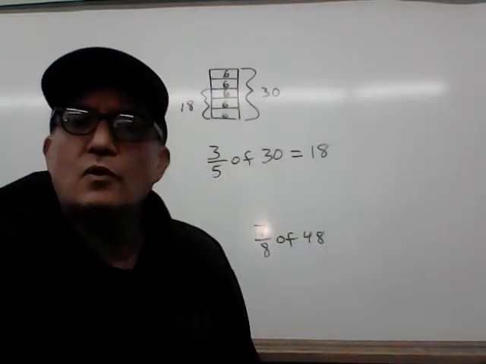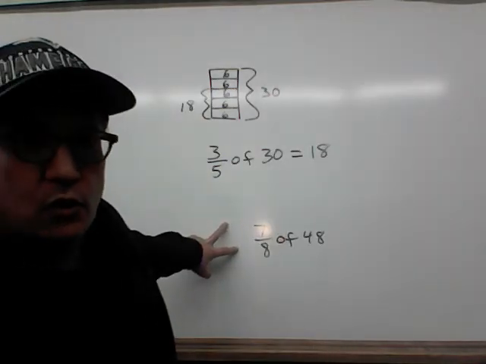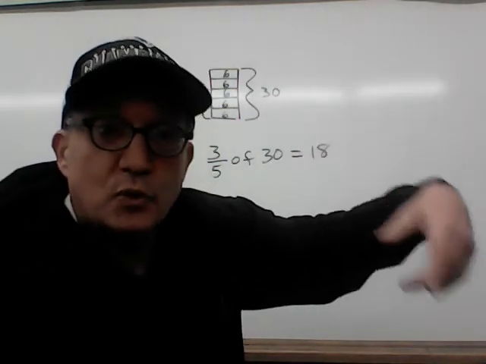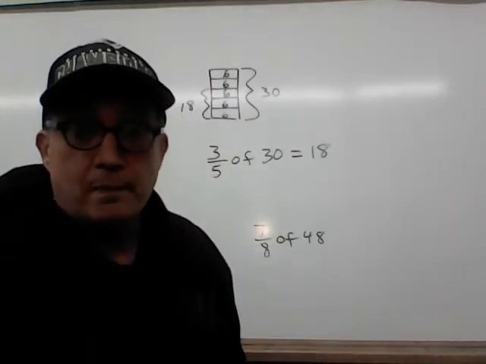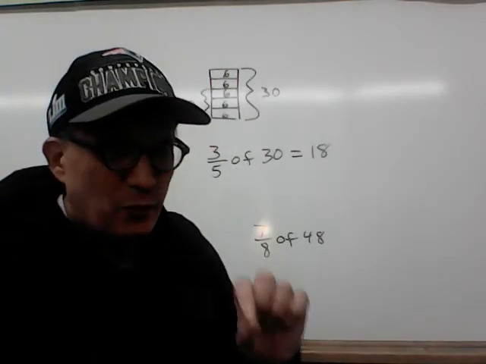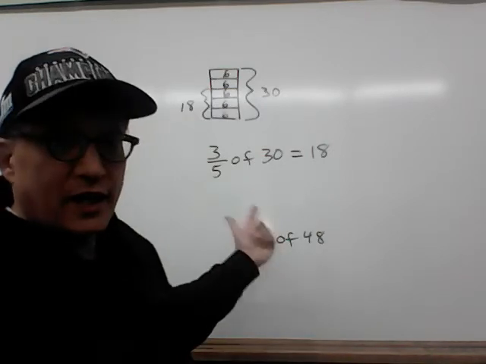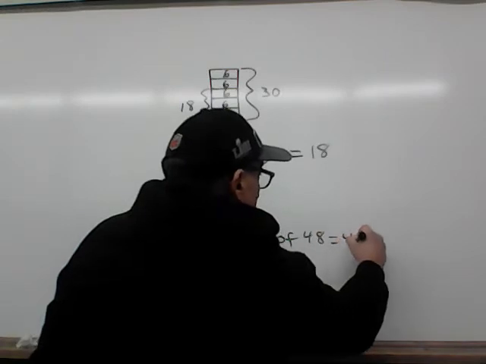So, hey, Miss LaBeouf, I want to show you my model of 7/8 of 48. Now, 7/8 is close to 1. Taking 7/8 of a number, we should get close to the number. Well, 1/8 of 48 is 6, right? 48 divided by 8 is 6. So 7/8 of 48 is 7 times 6, 42.